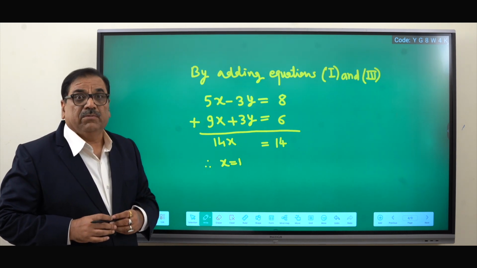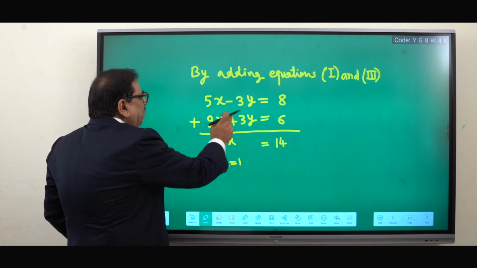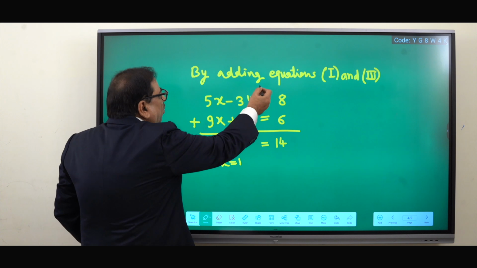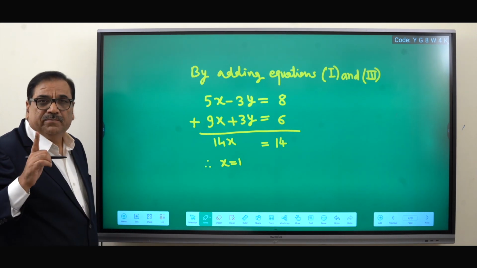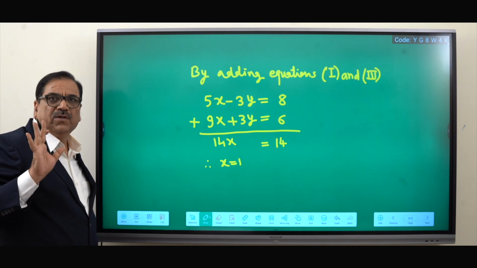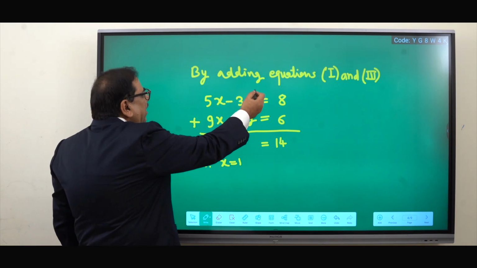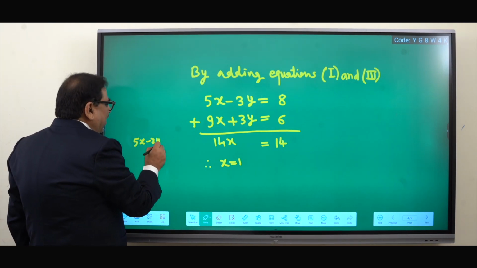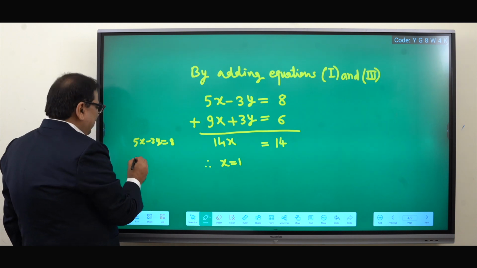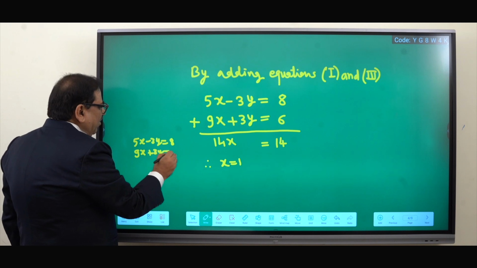One thing I must tell you: though minus 3y and plus 3y are cancelled, don't place an arrow on that. That arrow should be in your mind. Don't place it here like this. For example, 5x minus 3y is equal to 8 and 9x plus 3y is equal to 6.